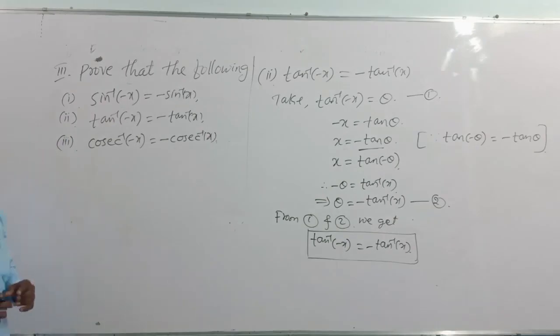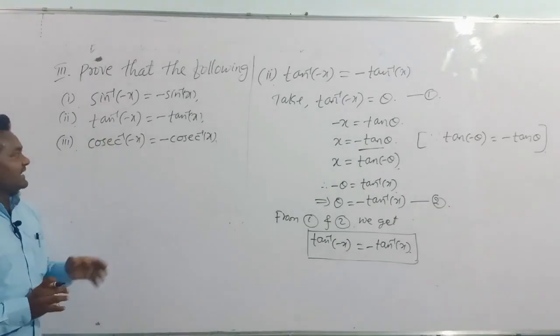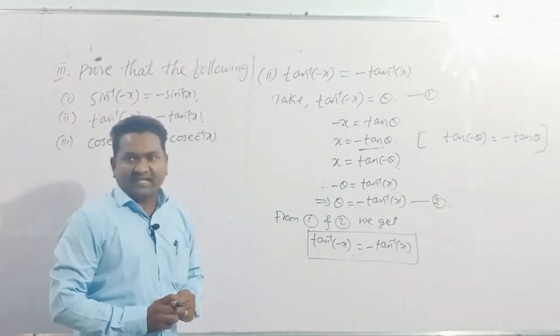Now the last one, the third, is cosec inverse of minus x equals minus cosec inverse x.